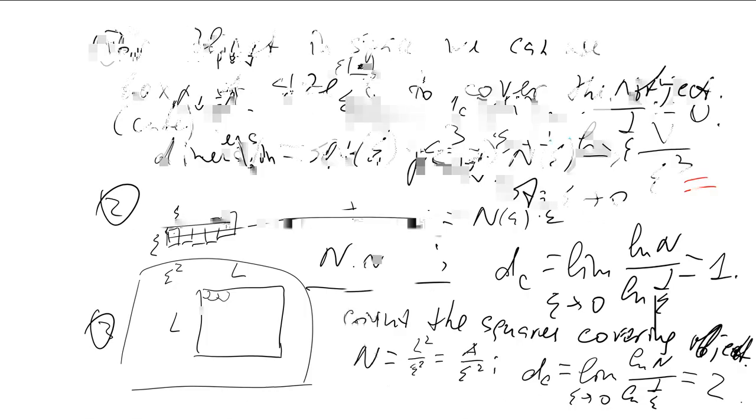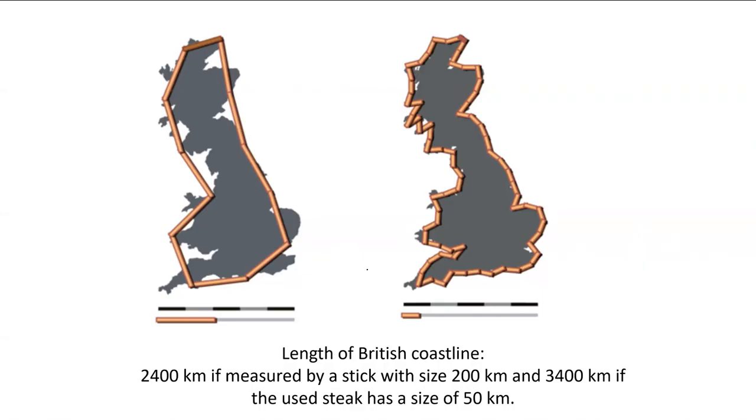One interesting example of this fractal structure in nature was introduced in the 70s in one of the papers. It was an example of measuring the British coastline. To measure the British coastline, we can use different rulers.